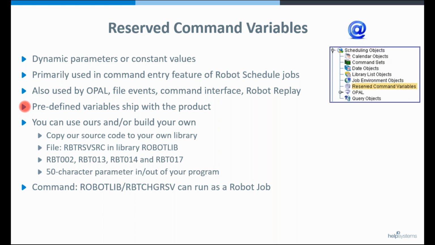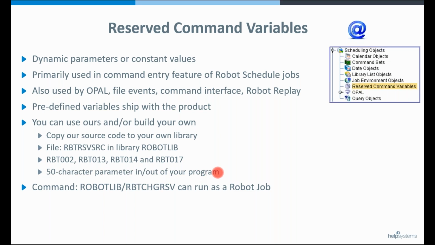And down below here, we show you that we ship you a source library or source file called RBT RSV source, and we give you some different programs that you can modify. I suggest, as good practice of programming, you copy that source into your own library and you use it just so that we don't overlay your program variables. And what you get is a 50 character parameter in and a 50 character parameter out.